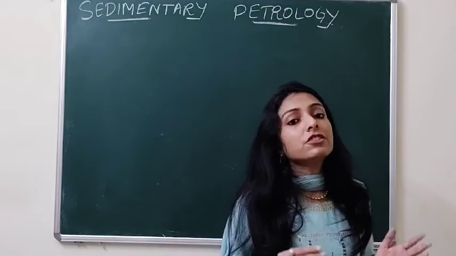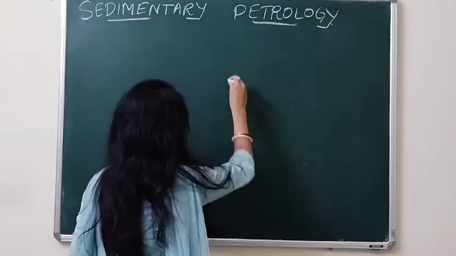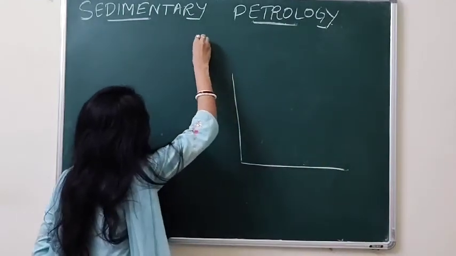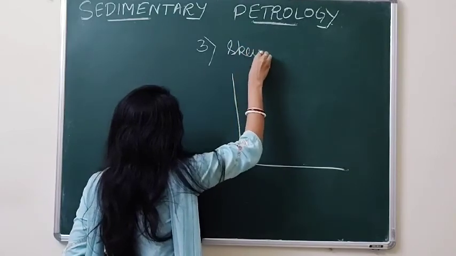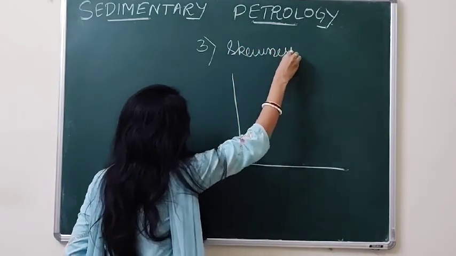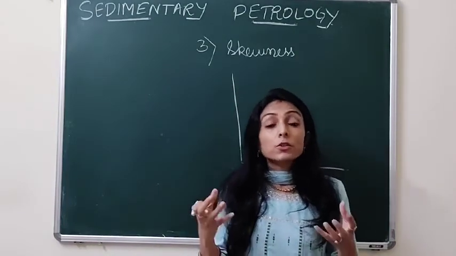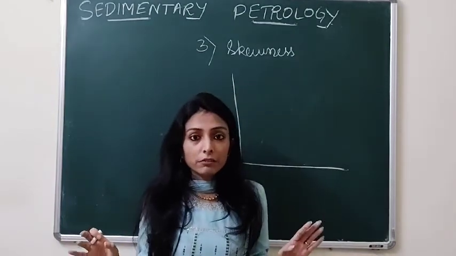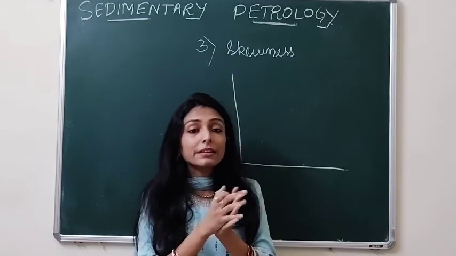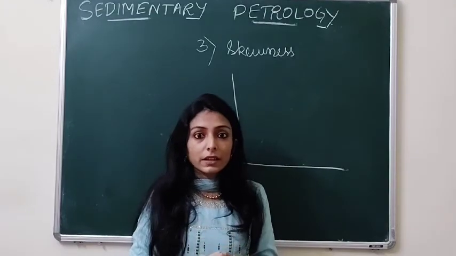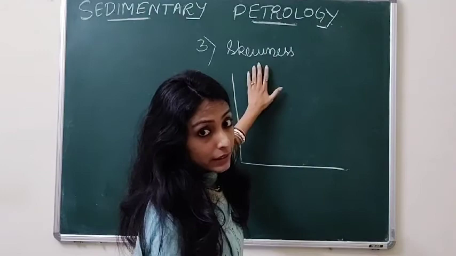So on the basis of tail on the left and right, we define positive and negative skewness. So the third parameter is skewness. Sometimes even if two populations have the same average size, or almost the same sorting values, those two samples can be asymmetrical in their symmetry, this way or that way. So on that basis of symmetry we define skewness.